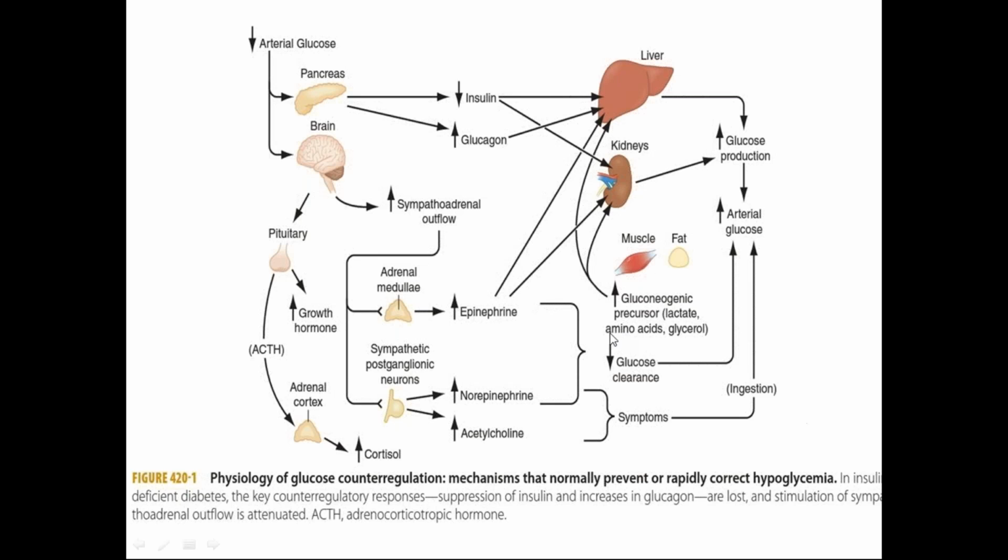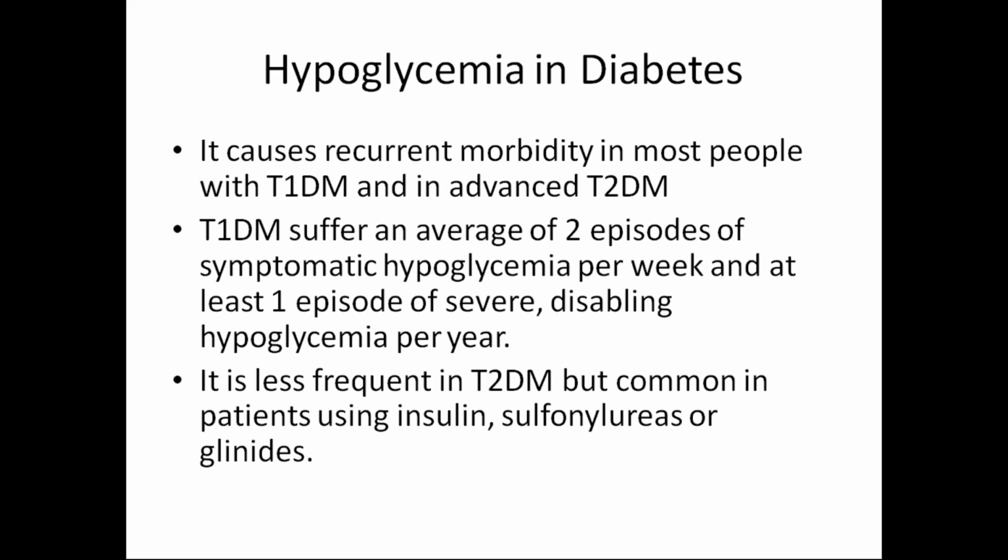This is all the same in everything, but in the diabetics there will be destruction of the pancreas, so the decreased insulin and increased glucagon response is gone in the diabetics, or else decreased. So it is altogether a different game in diabetics, and we have to approach it in a different manner. It causes recurrent morbidity in most people with type 1 diabetes and advanced type 2 diabetes.